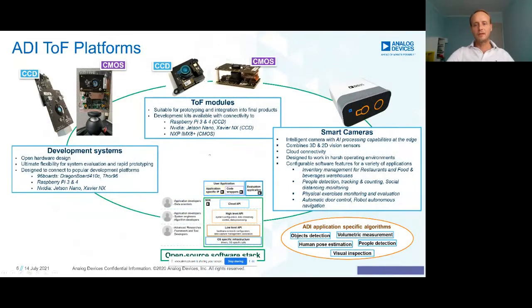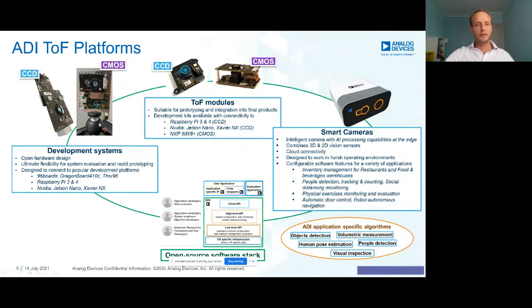So ADI has, I guess, complete solutions for 3D depth sensing. I'm not going to go into those. I just want to give you a quick overview of the different development and time-of-flight modules and smart cameras that we have.